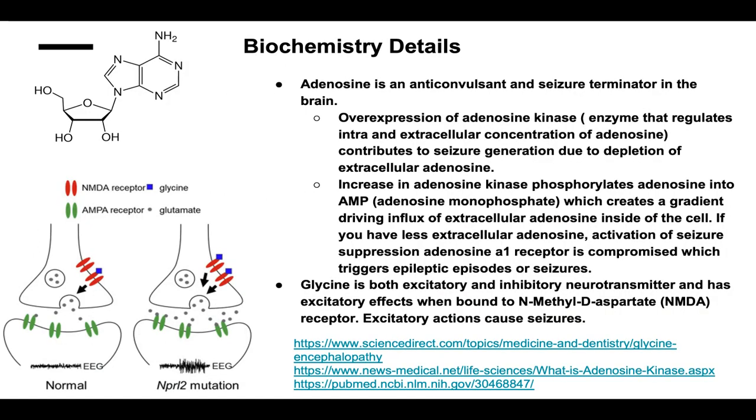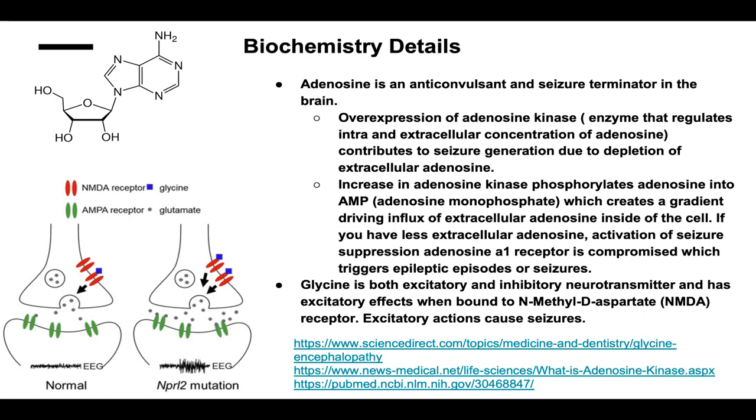So, coming on to the biochemistry details, I would like to start by describing the picture on the top left hand corner. The structure that is provided is of adenosine.